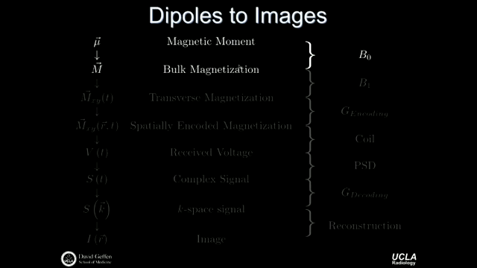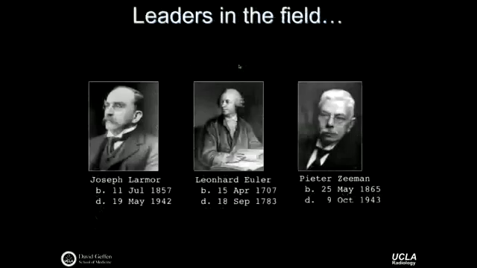We don't observe the individual magnetic dipoles of the hydrogen itself, but we observe billions and billions, Avogadro's number, of these things in the imaging volumes. Lots of people helped contribute to this. We'll learn something about Joseph Larmor today, the so-called Larmor equation, which is fundamental to understanding MR. We will perhaps get to Leonhard Euler and Euler's equation.